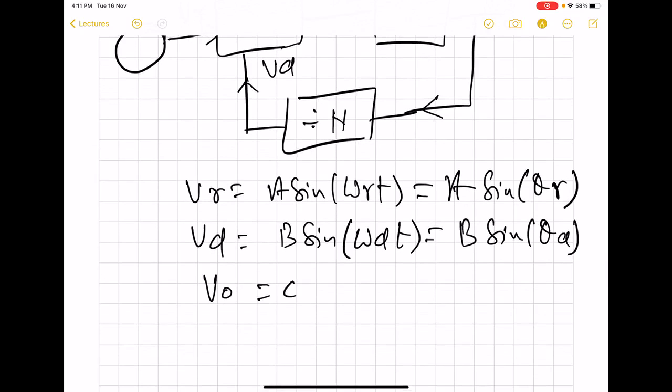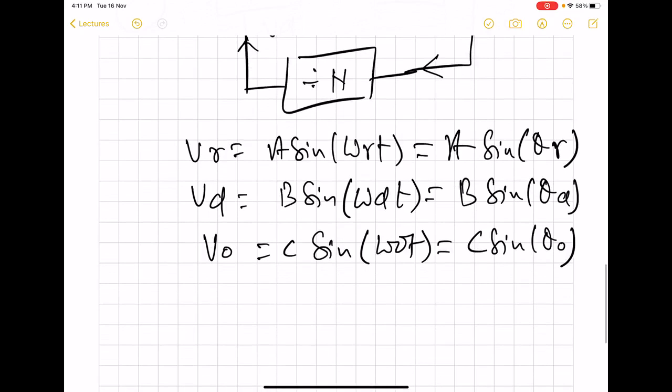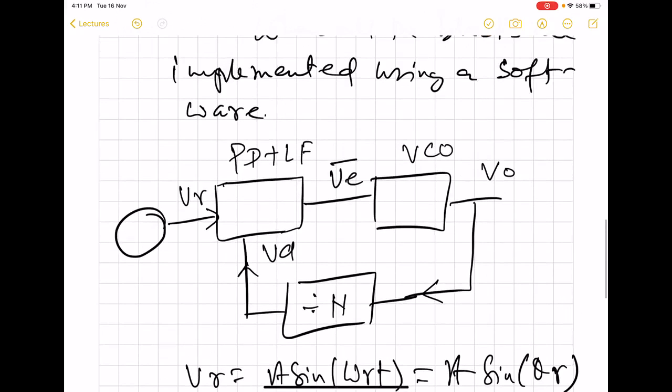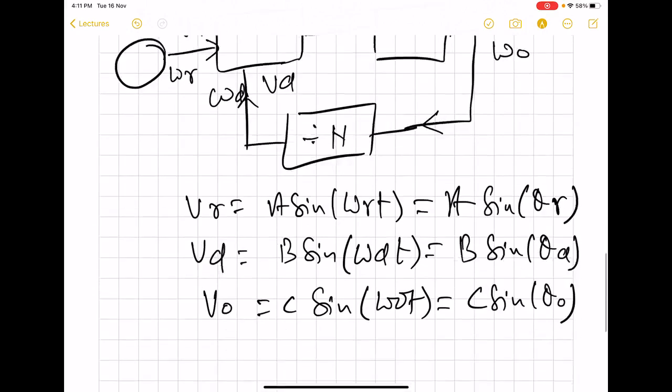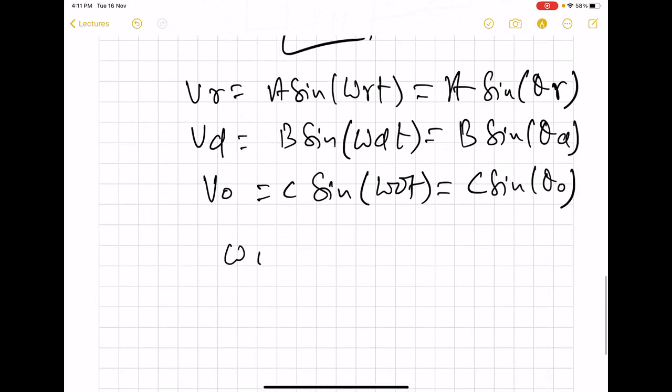And the output, of course, is C sine omega naught t, equal to C sine theta o. And we know that this relation will hold true between these frequency components: omega output is going to be n times omega r.